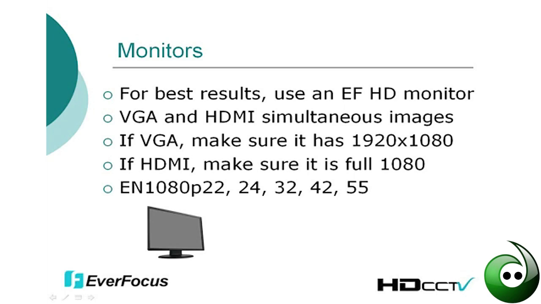So if you consider our EN 1080p 22, 24, 32, 42, and 55-inch monitors, I think I can say without fear of contradiction that while you may find other monitors with images that compare favorably, you will never find one that has an image that is better.